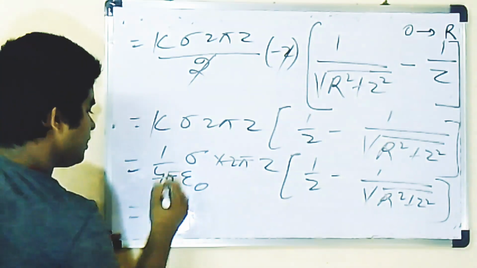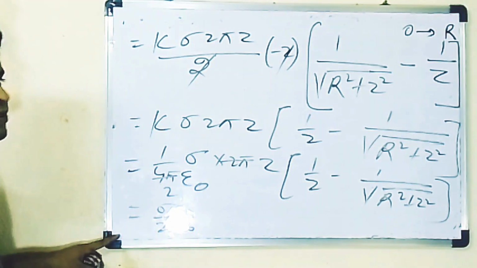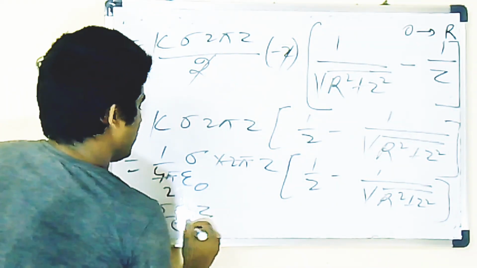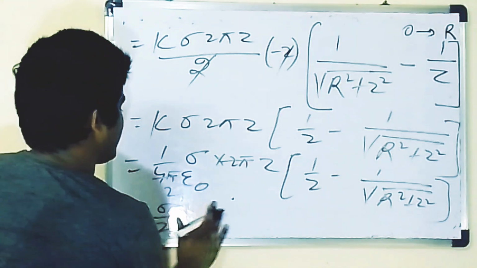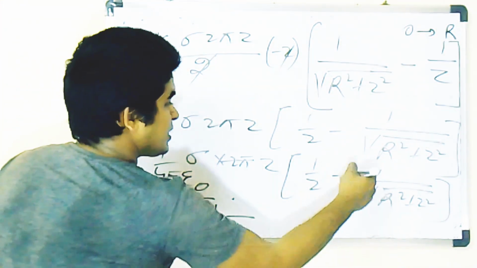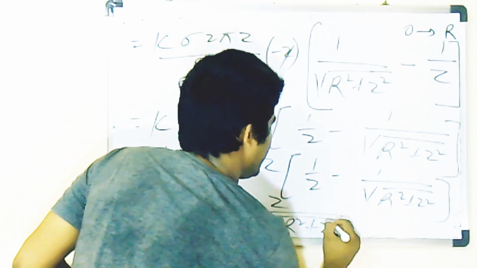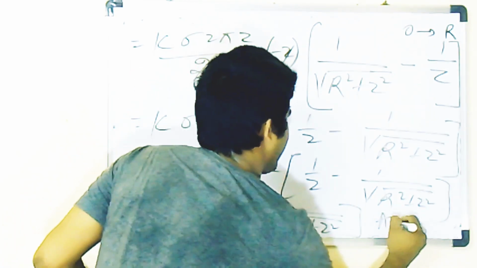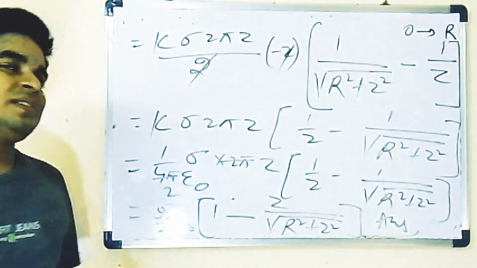Agree? If you want, you can multiply by z inside, so z into 1 by z cancels out, giving 1 minus z divided by root of r square plus z square. This is the answer. You can check the options.